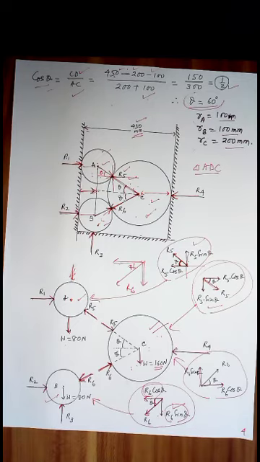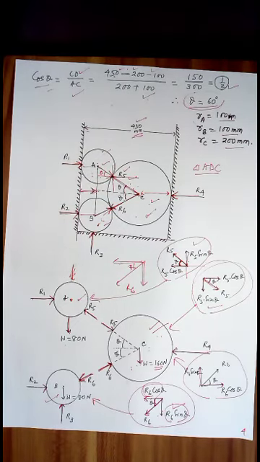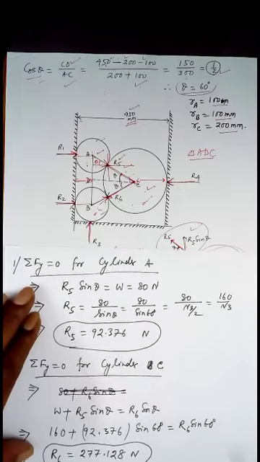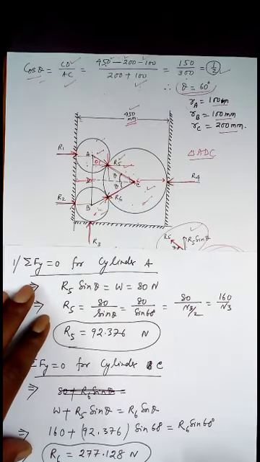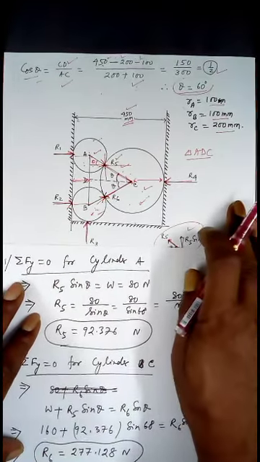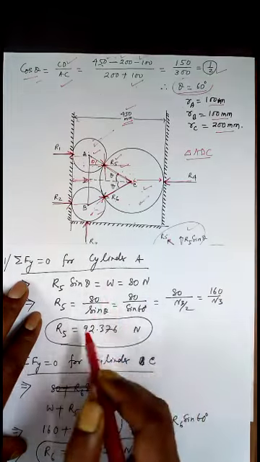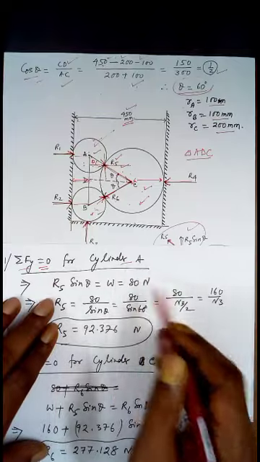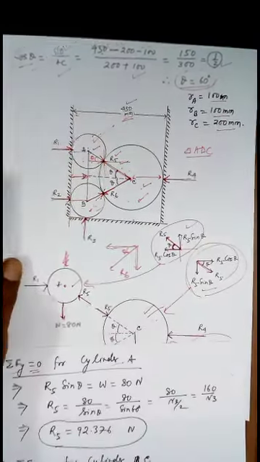Now let us solve. Let us apply sigma Fy is equal to 0 for cylinder A. You can apply it with any cylinder. For this, the sum of the forces along the y-axis is 0 for cylinder A. Now A is drawn here.